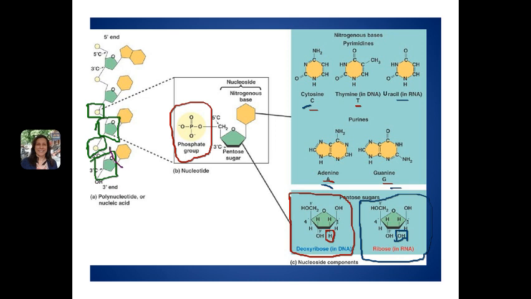So you've got a base here and another base there and another base here and another base there. We're only looking at one strand in this case, so it could be a single-stranded DNA molecule or just a regular RNA molecule. If you have a double-stranded DNA molecule, then the two strands connect to each other via the bases. So the bases are going to be on the interior of the molecule.